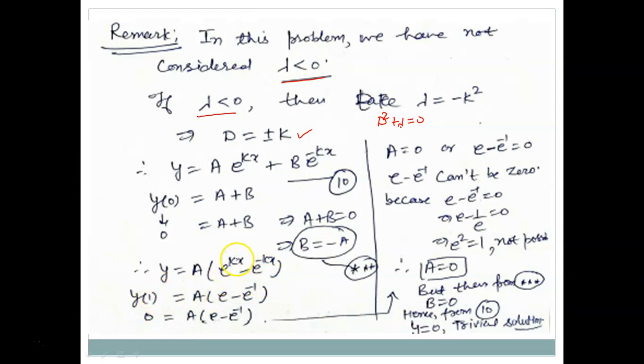You put x equal to 1 here, so this is e raised to power k, and this becomes minus k. Because the whole quantity on the right hand side equals 0, either a equal to 0 or the quantity in the bracket equal to 0.